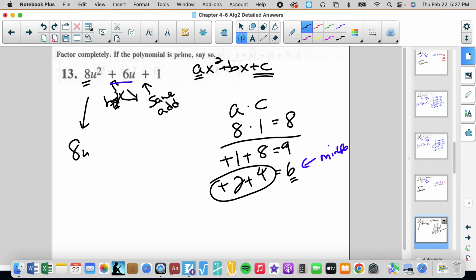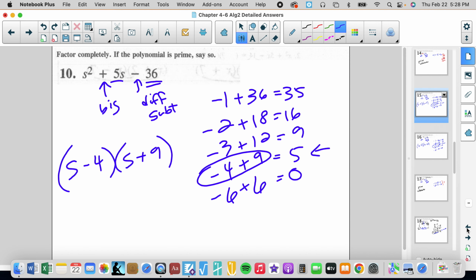My 8u squared is just going to come down. My 1 is going to come down. But I'm going to split this 6u into 2u plus 4u. What's 2u plus 4u? 6u. So I didn't change anything. All I did was break the middle term into 2 terms.